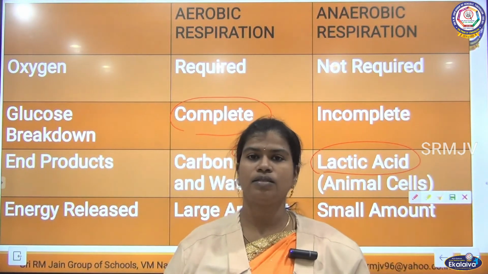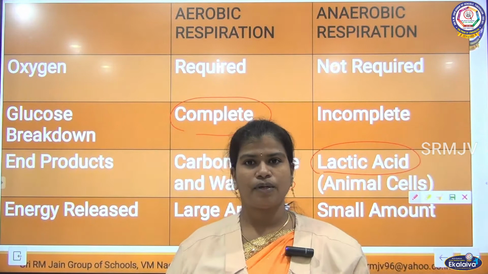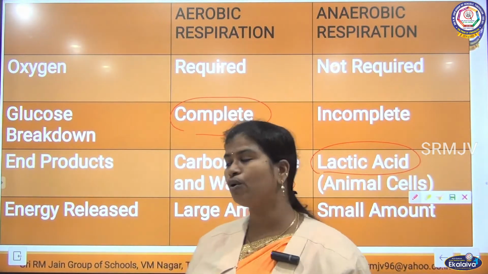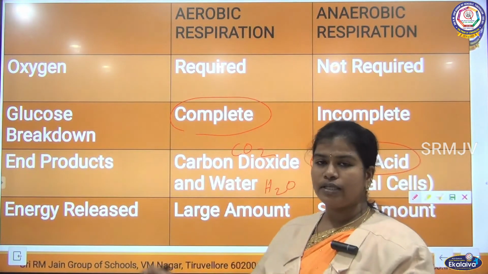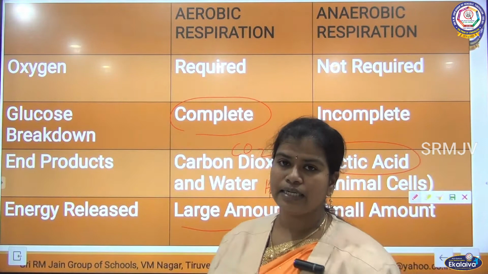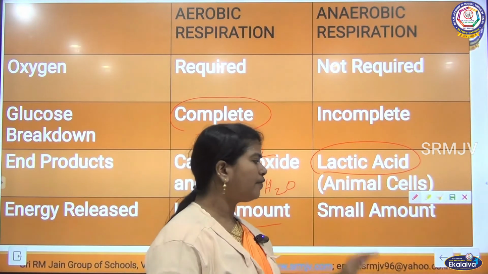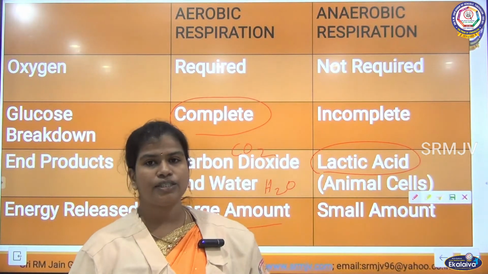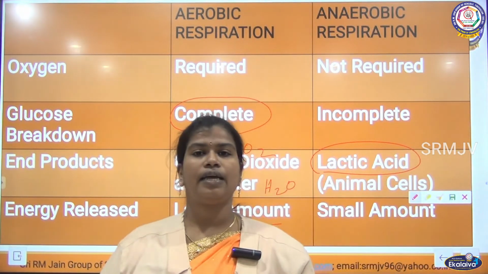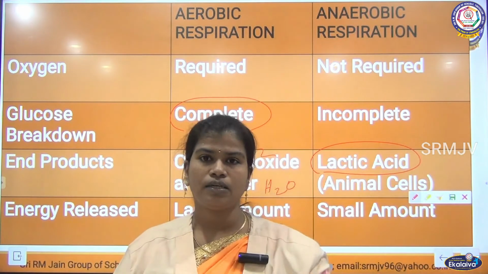If it is plants, some different product will be released, and we will be discussing that in our next video. What about the energy released? In aerobic, a large amount of energy is released, but in anaerobic, a very small amount of energy is released.